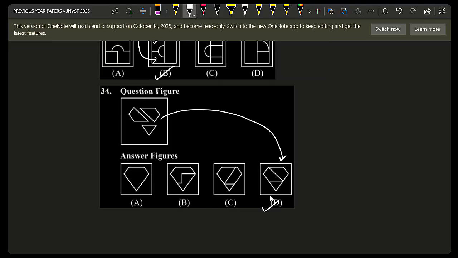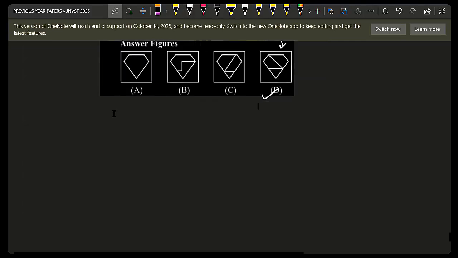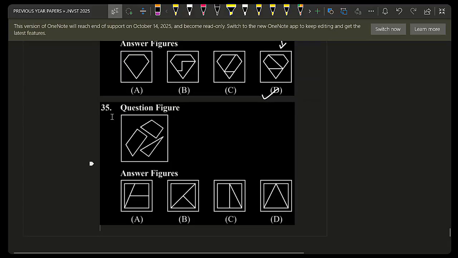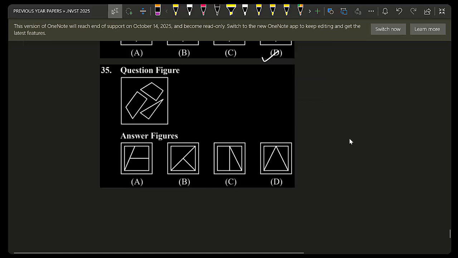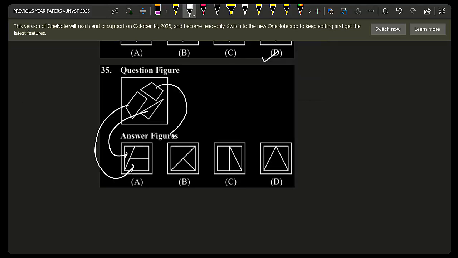Option D. 35. Using these pieces, we can create option A. This piece is this, and this is this, and this piece is this, and in all the other options, it's not matching. Option A is correct.